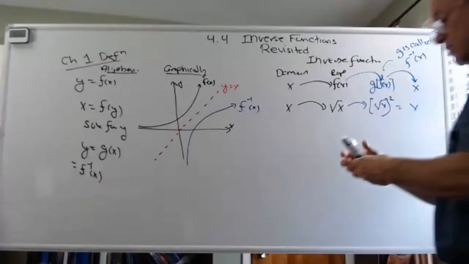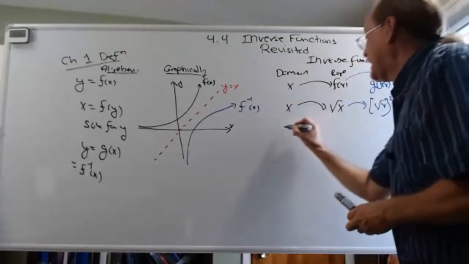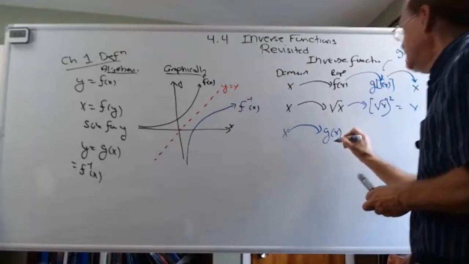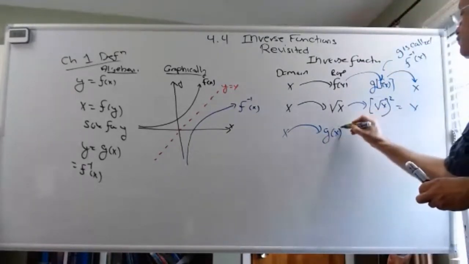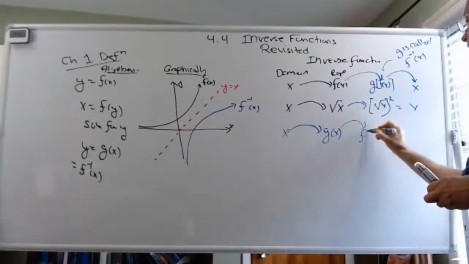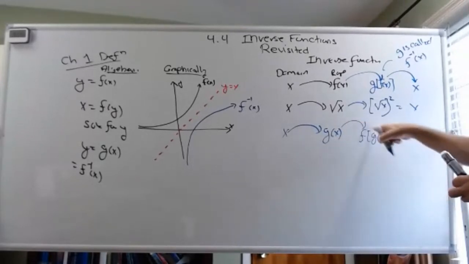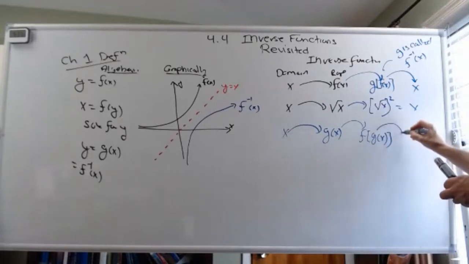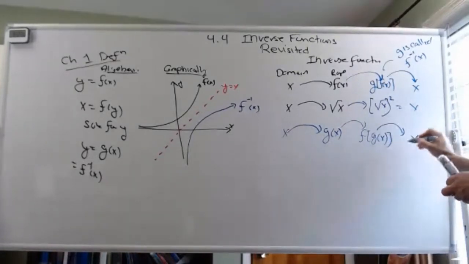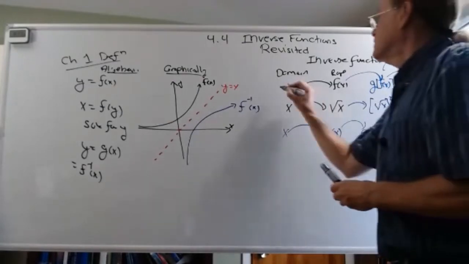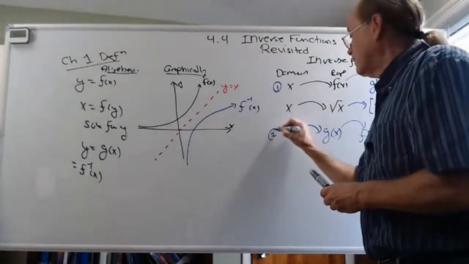But it also has to work this way: if I start with x and plug it into g and get g of x, I have to plug my g of x into f, so I get f of g of x. My input goes into this function, and I want to get back to x again. So both of these, 1 and 2, have to be satisfied.